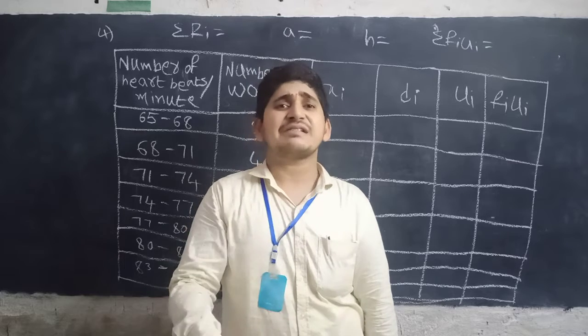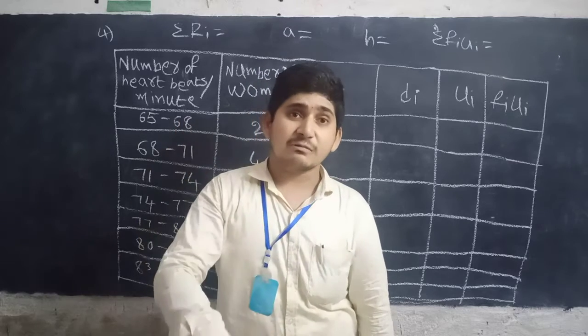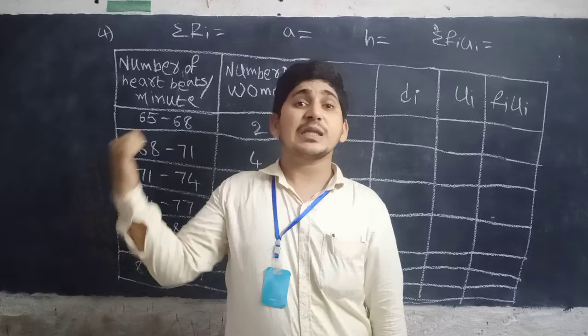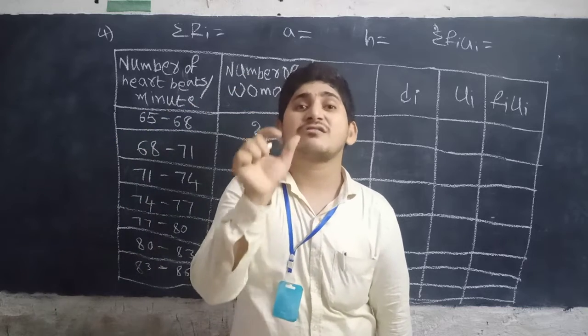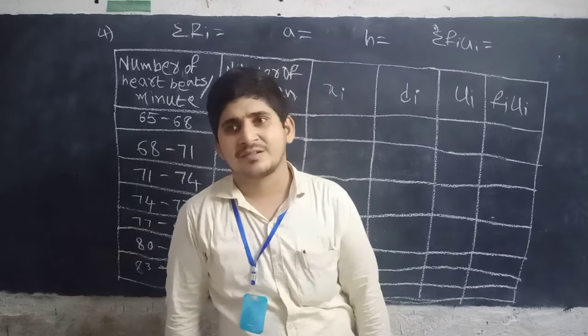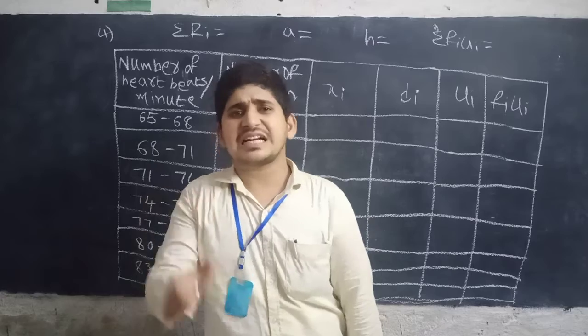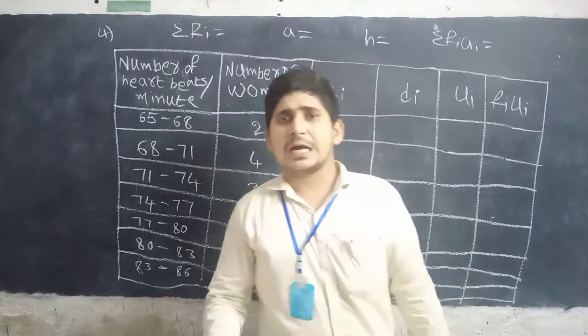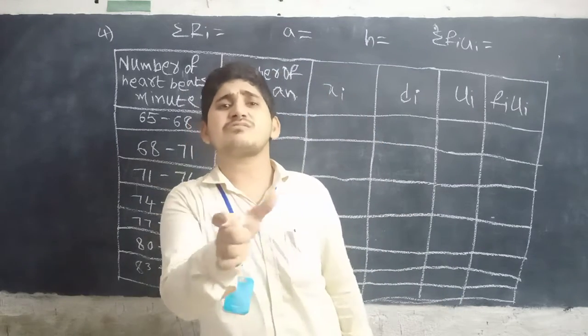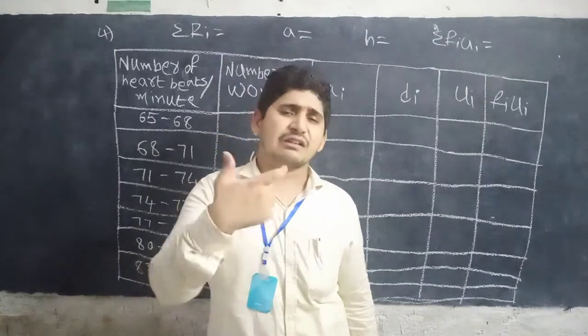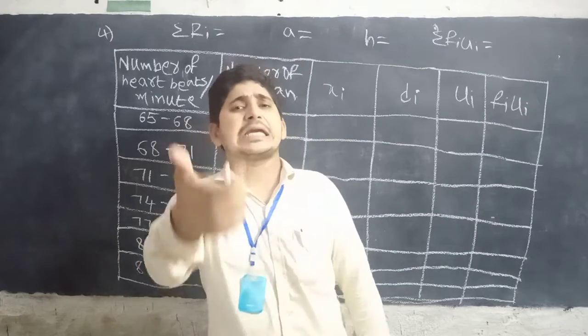In that case, we have to use the method that is asked in the question. So don't get confused. Here, any suitable method is asked, so you can do any method.